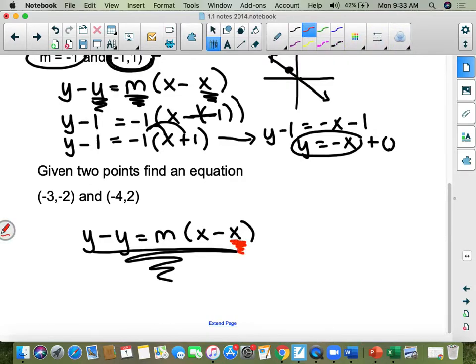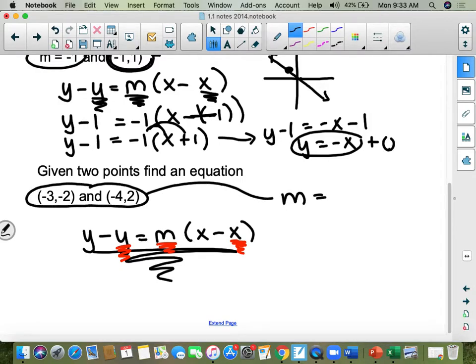We're filling in the x, the second y, and the m. So let's figure out what the slope is in this problem. We're going to go over here to find m. We know how to find m. You do y minus y, second y minus the first y, second x minus the first x.